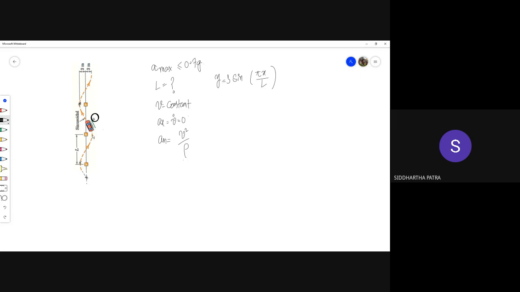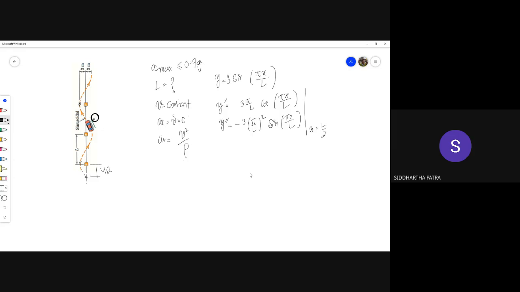maximas or minimas. Okay, so for example, if I evaluate y prime, that would be 3 times pi by L cos of pi x by L, and y double prime is 3 times pi by L whole squared sine pi x divided by L. Now, if you evaluate these two quantities at x equals L by 2, that is this much length.